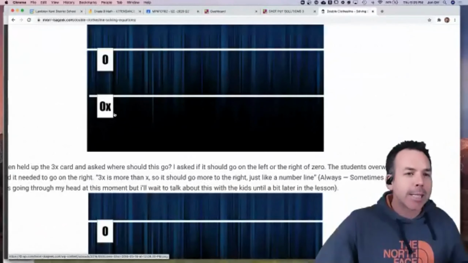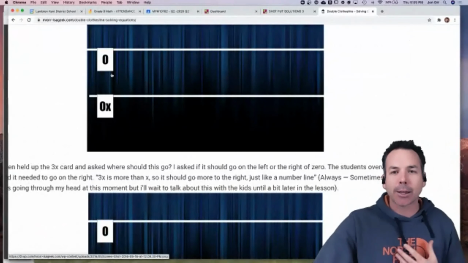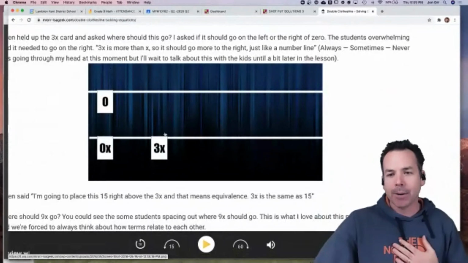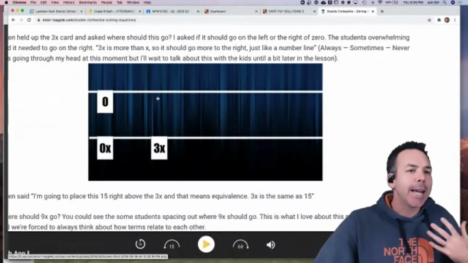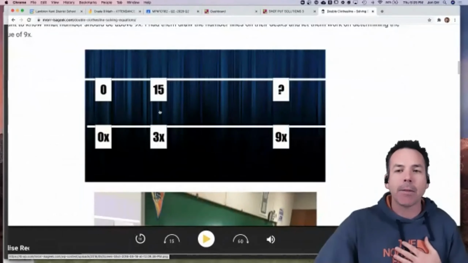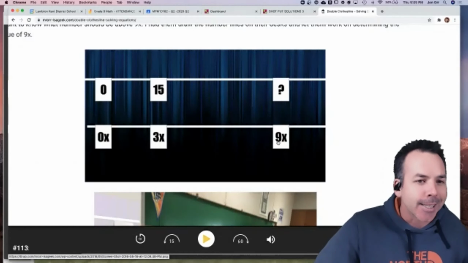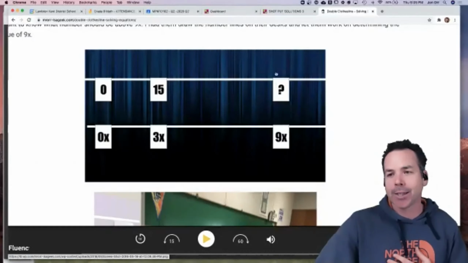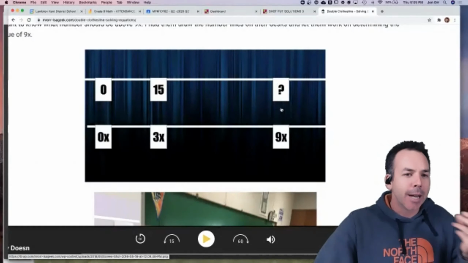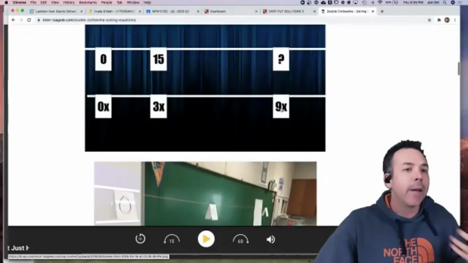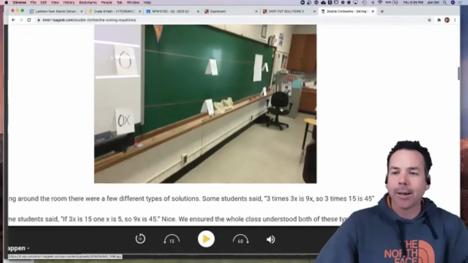So if I have 0 sticks, then I have a total length of 0. But if I have 3 sticks, what's the length that would be above it? And if I say that length is 15, then I could ask, quickly, what's 9 sticks, or 9 times the length of a stick? What's that going to be? And you're building up proportional reasoning skills on the double number line just to get going here.